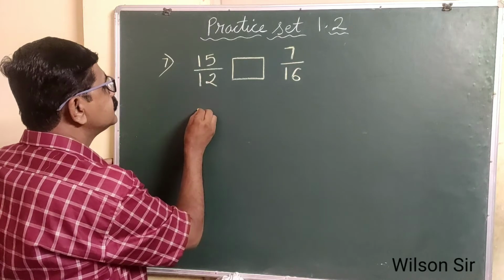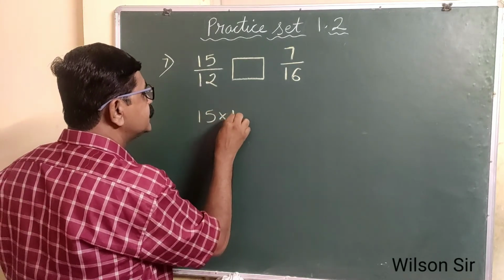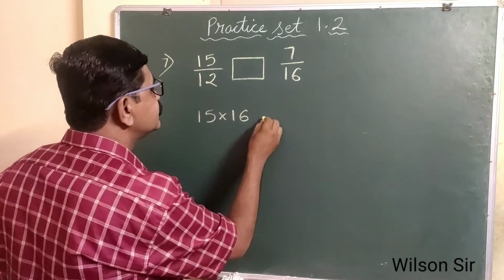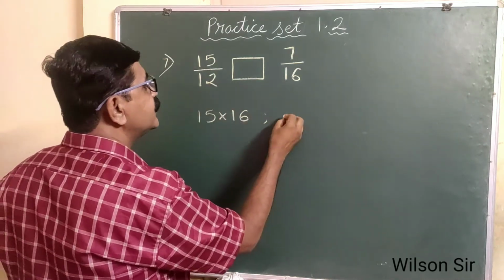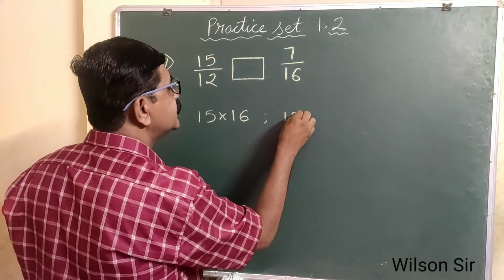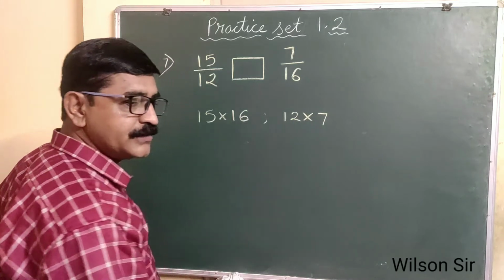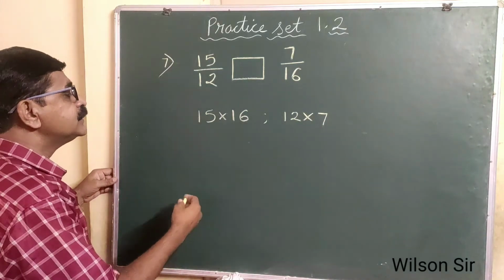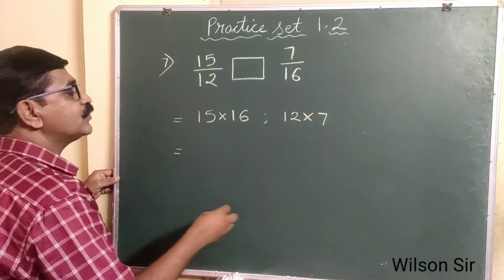So 15 into 16, then 12 into 7. Now what is 15 into 16?